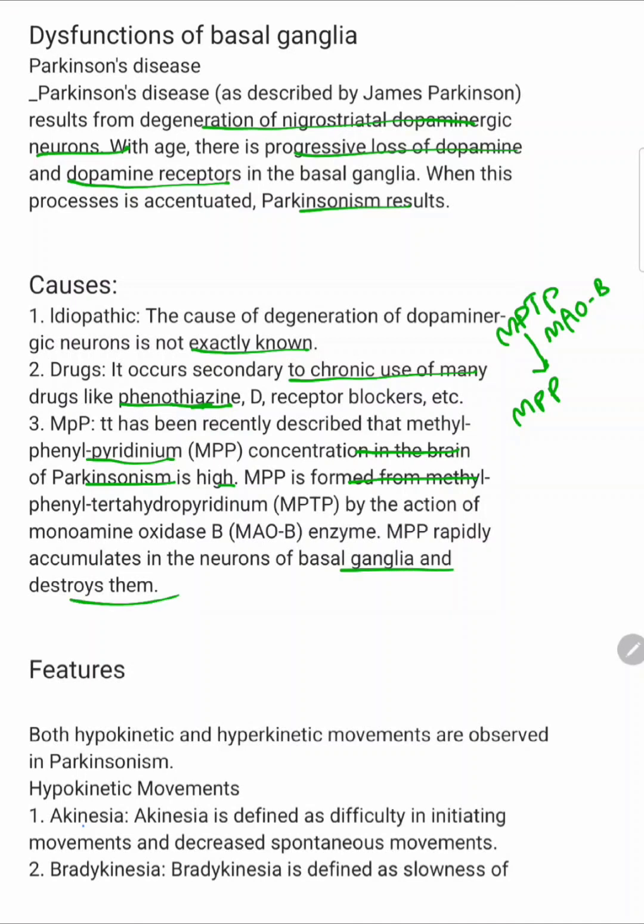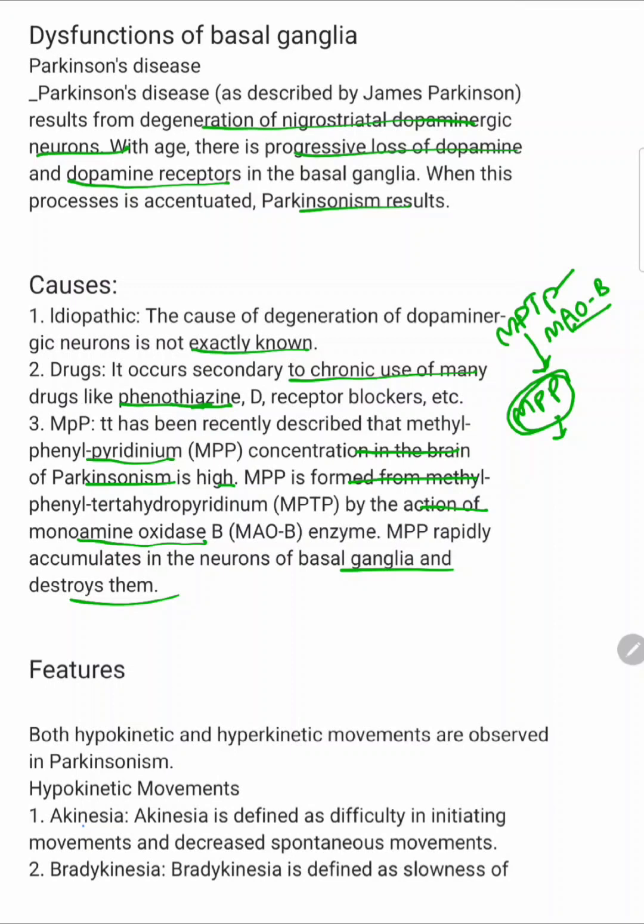See, when scientists examined the basal ganglia of these Parkinson patients, methyl phenyl tetrahydropyridine gets converted into methyl phenyl pyridinium by the action of monoamine oxidase B. So the concentration of this substance in the basal ganglia of Parkinson people is very high. So this may destroy the basal ganglia, but it is not yet confirmed.